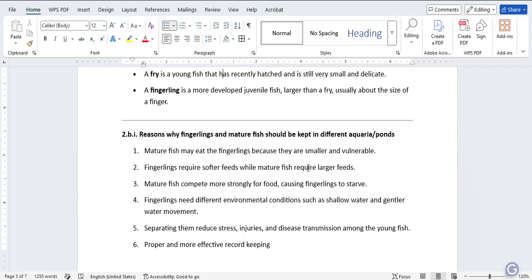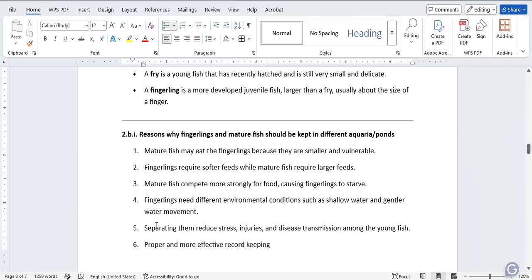That also means smaller feed for the fingerlings. Mature fish compete more strongly for food, causing fingerlings to starve. Then you can also write that fingerlings need different environmental conditions such as shallow water and gentler water movement.